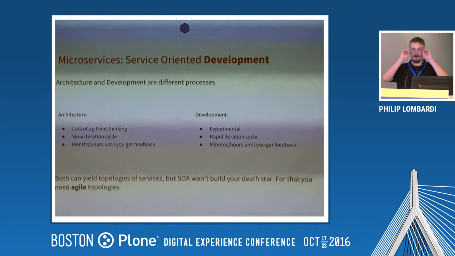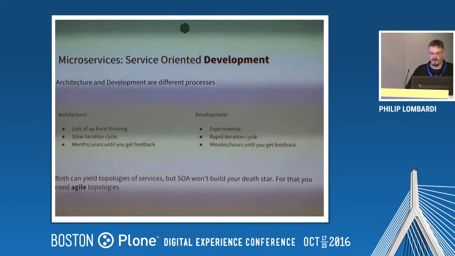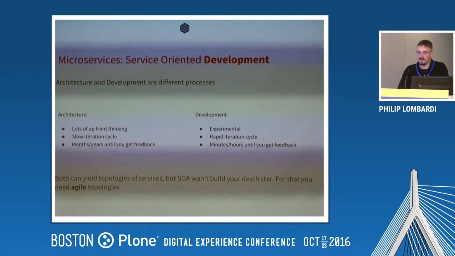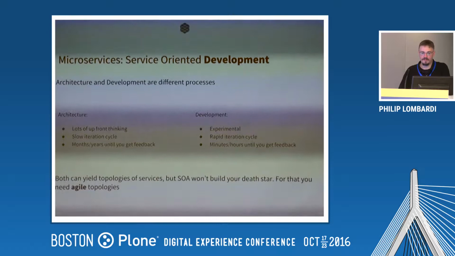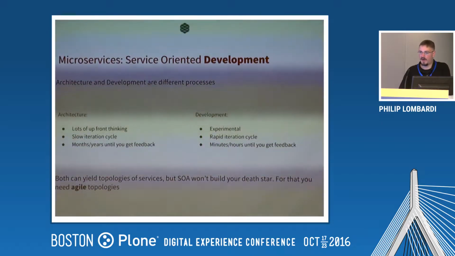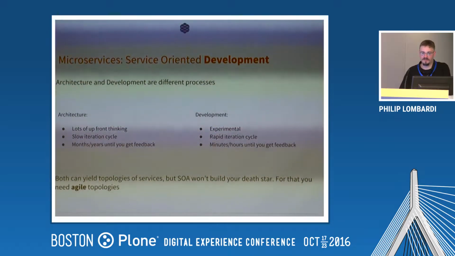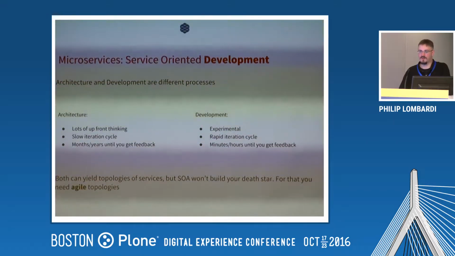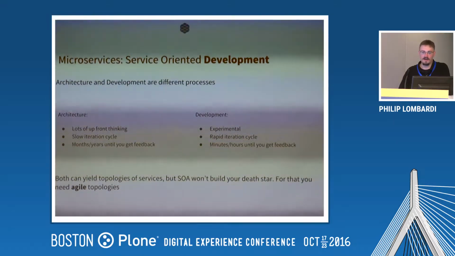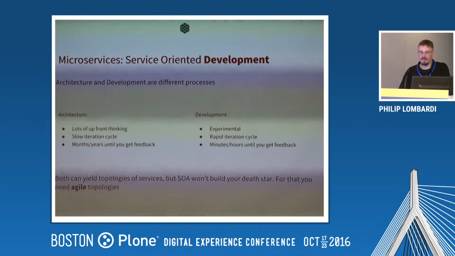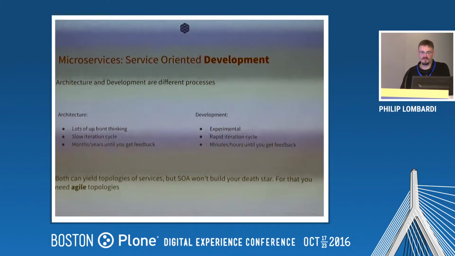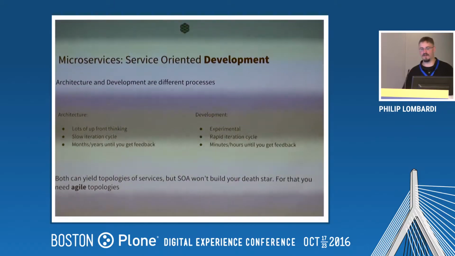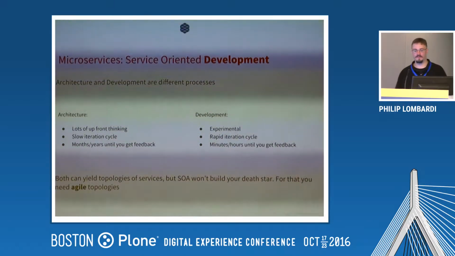When you were doing service-oriented architecture, you had a lot of upfront thinking. You probably spent weeks in a room with other engineers, prototyping and talking amongst yourselves about how you were going to build this system. There was a slow iteration cycle, and it might have been months or years until you got good customer feedback, which is not great in a software world where things change quickly. A service-oriented development company looks at things as an experimental system.